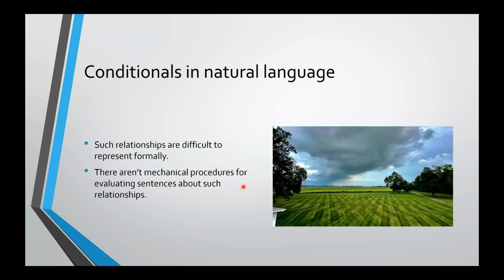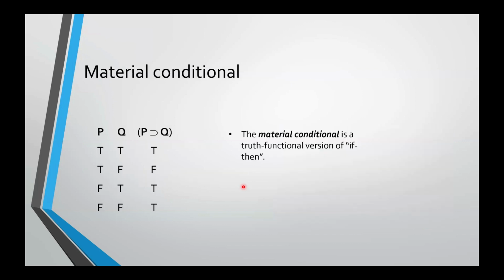You have mechanical procedures, in fact relatively simple algorithms in some cases, for determining whether these sentences are true or false. So that's a huge advantage to the truth functional logics. So in order to make sure that we can make use of these algorithms and have a decidable system, the material conditional is basically a truth functional approximation to the way that if-then in natural language actually works.